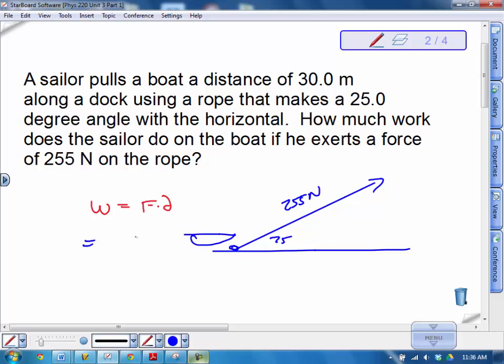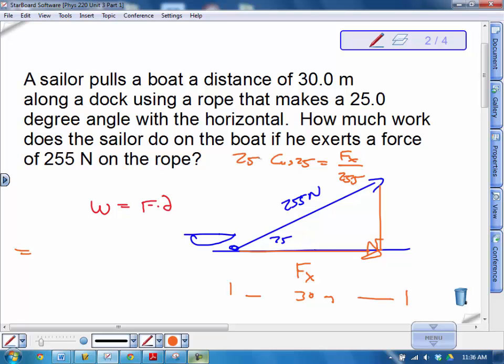We're going to use the same equation, but this time the force that we use has to be this force here. I'll draw it with this orange vector. I'll call that F of x. That's the force we need to use because that's the force that's pulling this boat the 30 meters in that direction. So the force that we use has to be in the same direction as the displacement. We're going to use cosine of 25 equals adjacent, which would be F of x, over hypotenuse.